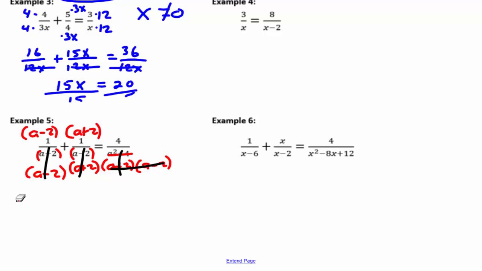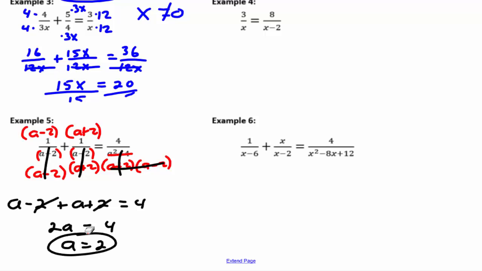What are you left with? A minus 2 plus a plus 2 equals 4. So now I have 2a, since minus 2 plus 2 is a 0 pair. 2a equals 4. Divide by 2, a equals 2. So there it is. And the problem is here, a cannot equal 2.